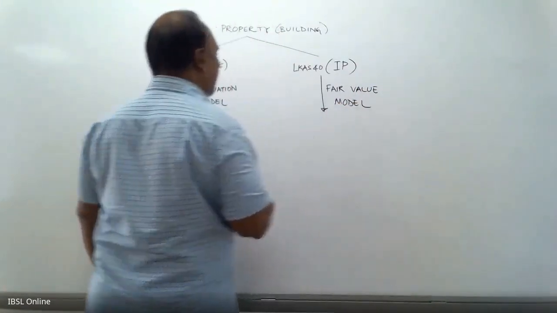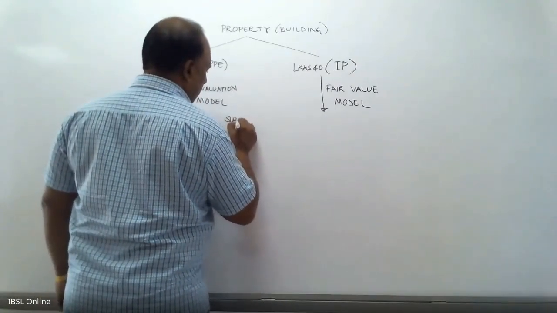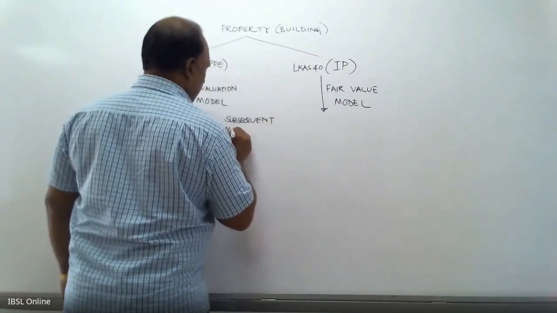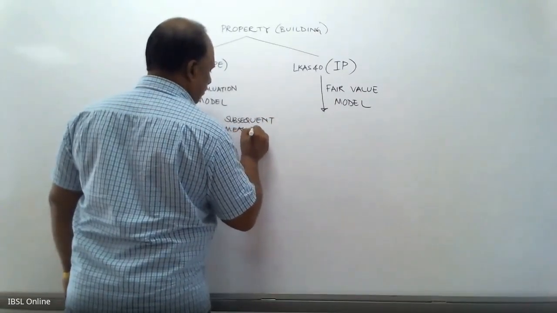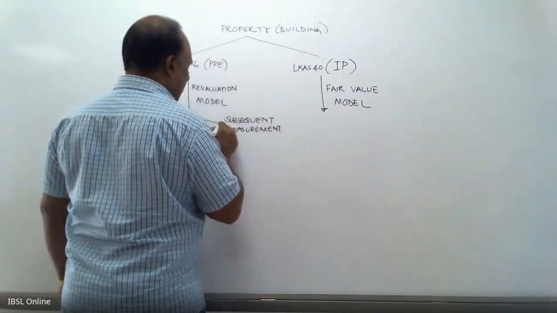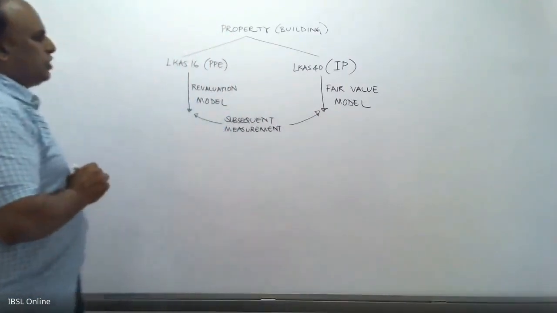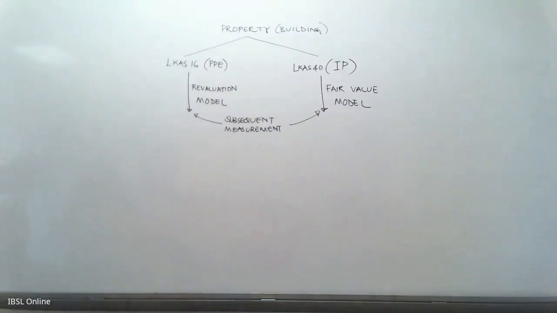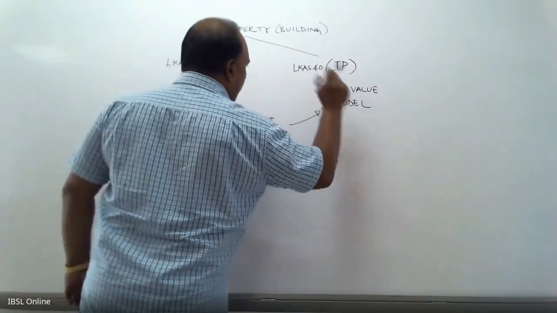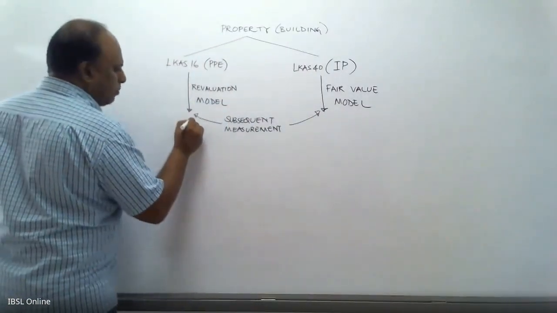We are talking about subsequent measurement. Please follow this, this is very important. So for subsequent measurement under LKS 16, you decide to use the revaluation model, and here you use the fair value model.